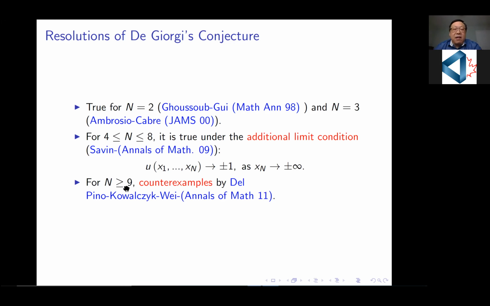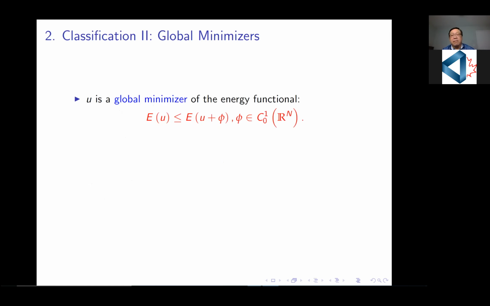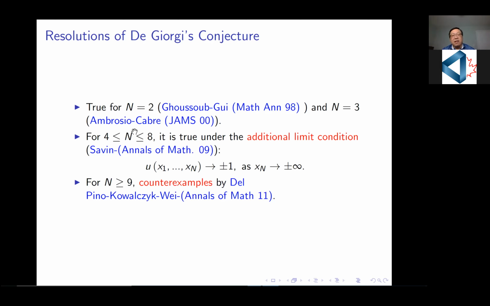We proved that for n greater than 9, there are solutions to the Allen-Cahn equation which are not one dimensional and which are monotone in one variable. This gives a complete answer to the Giorgi conjecture in large dimensions. So this is the first classification result, and it's almost done except for dimensions 4 to 8 with this additional assumption.